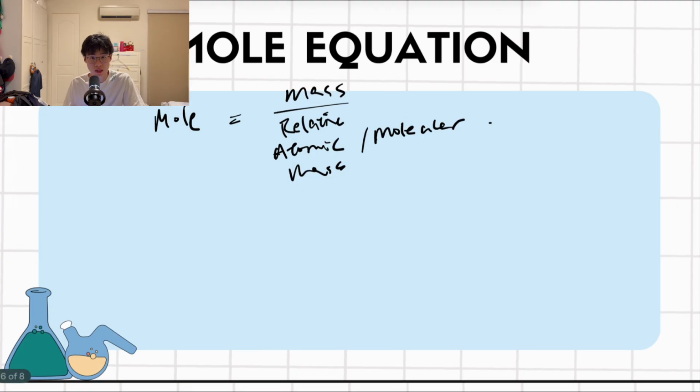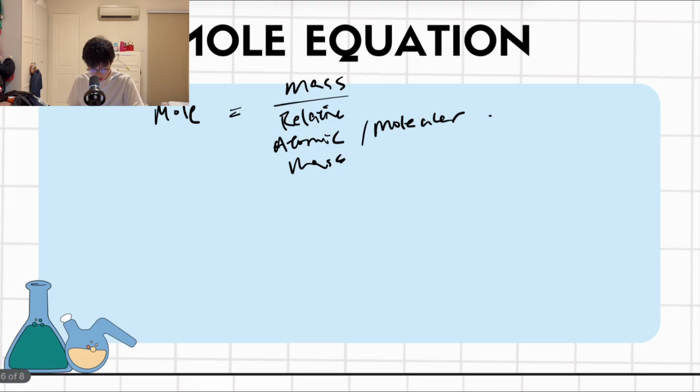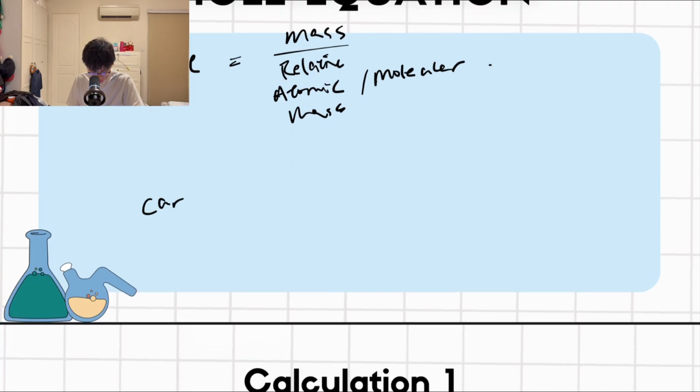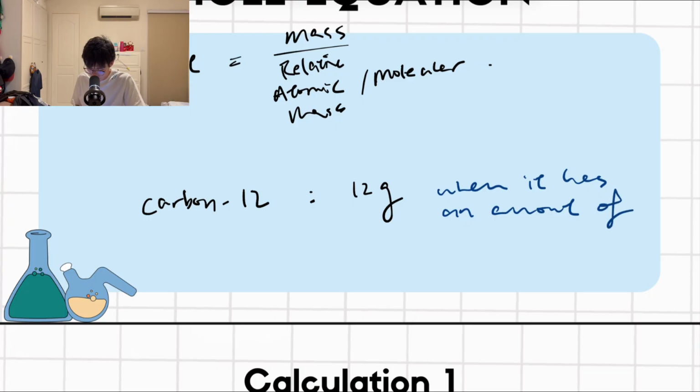So scientists have realized that carbon-12 has a mass of 12 g when it has an amount of 6.02 times 10 to the power 23 particles.